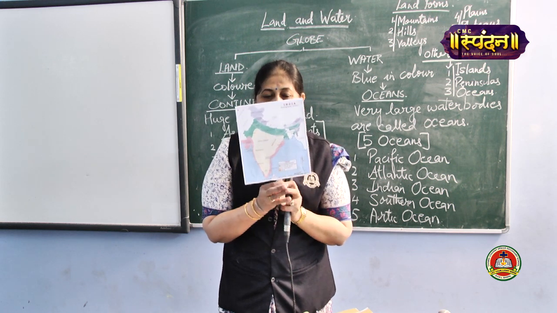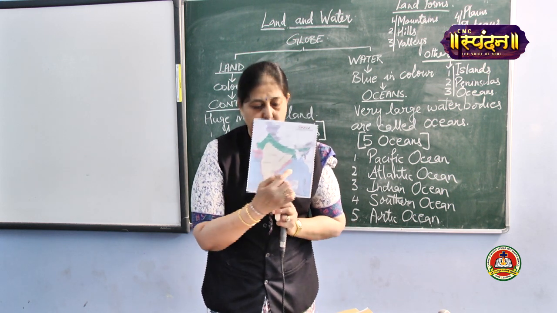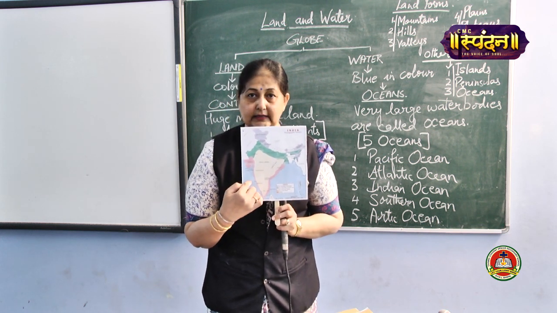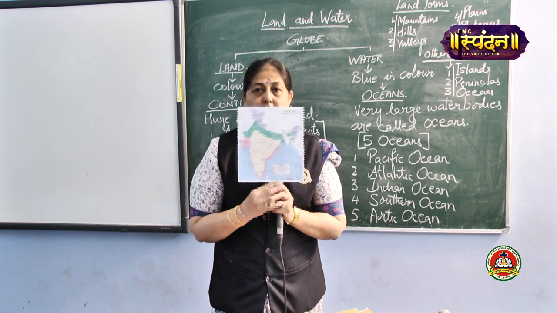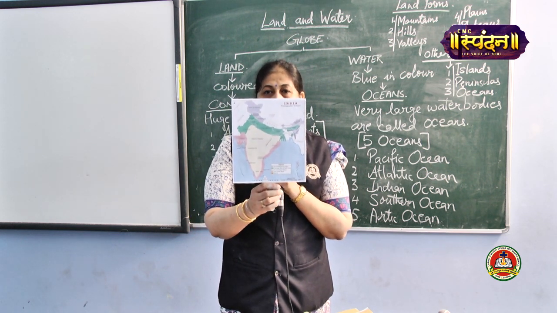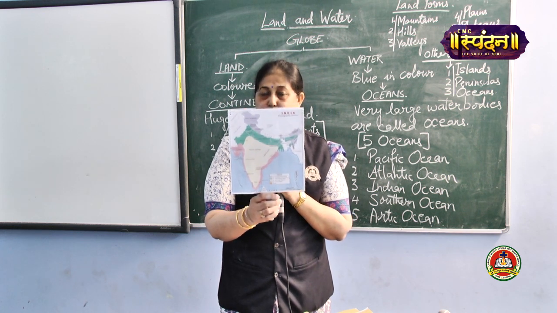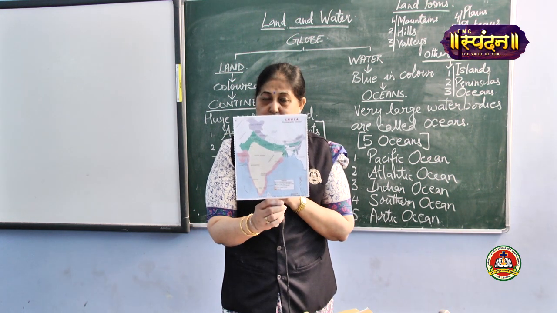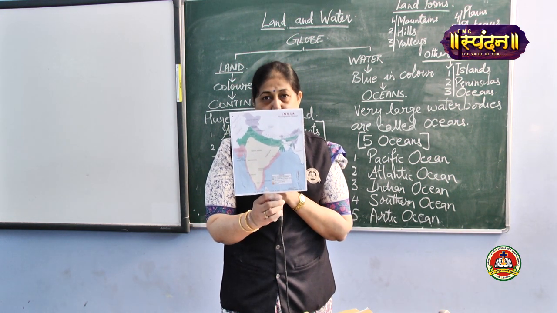This side is the Bay of Bengal. Can you see here? Bay of Bengal, water, Arabian Sea and Indian Ocean here. So, all the three sides there is water and the coast is surrounded by water. So, these are called coastal plains, right? Eastern coastal plains and western coastal plains.